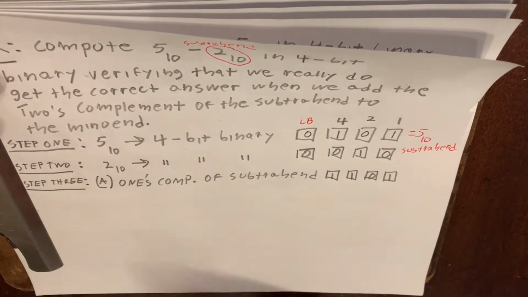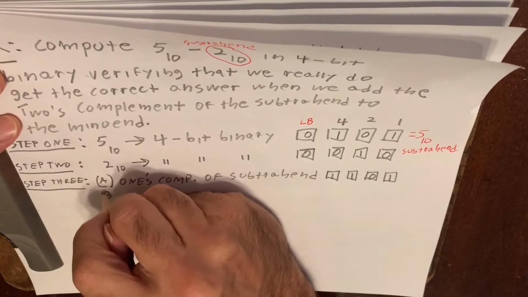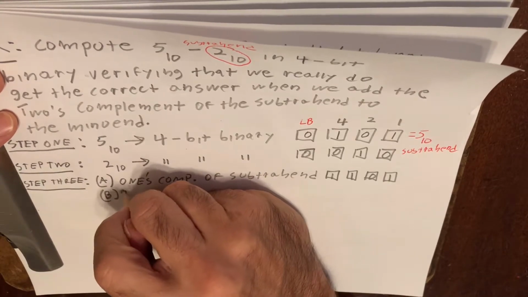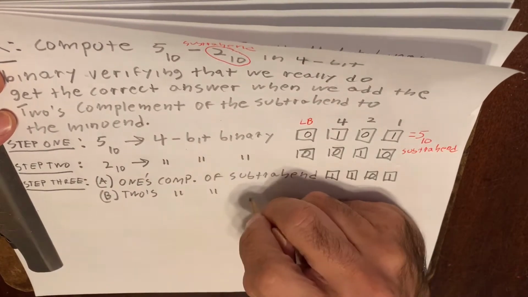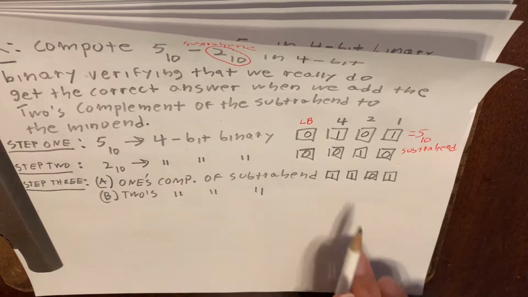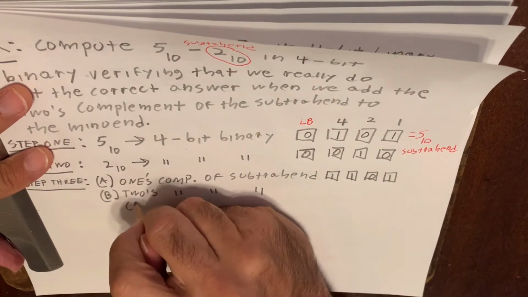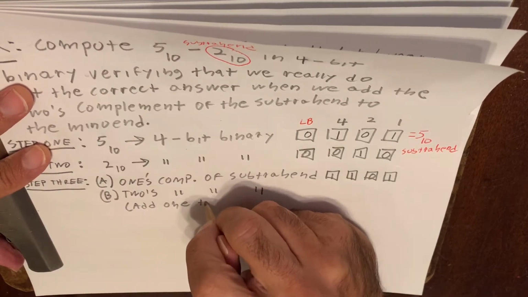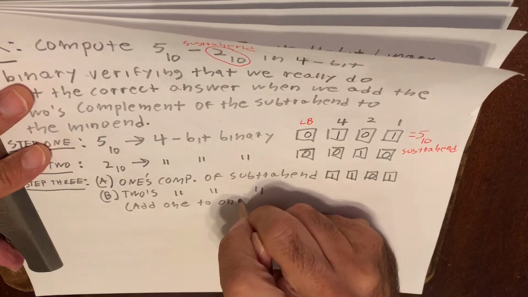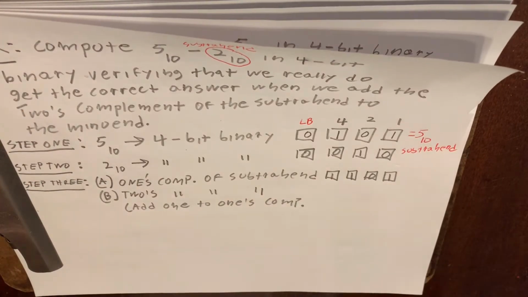Okay, so step 3B is to get the 2's complement of the subtrahend, which means we have to add 1 to the 1's complement.